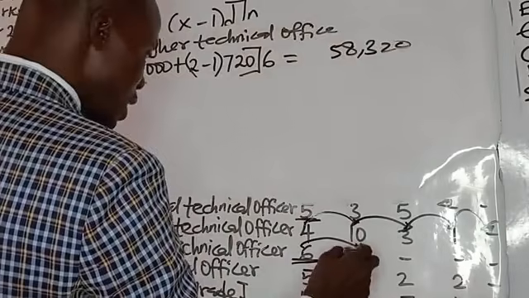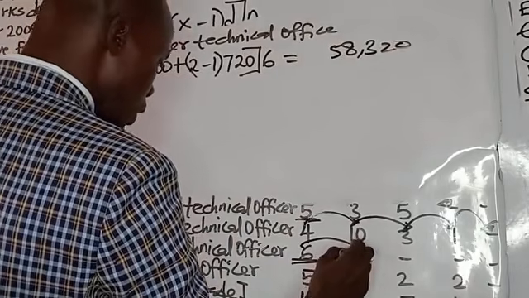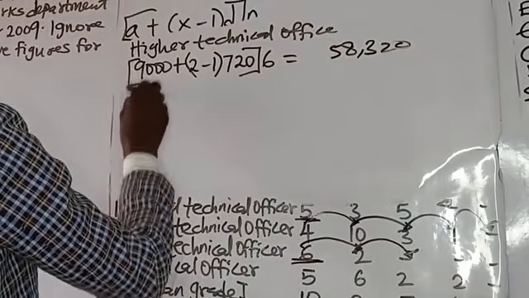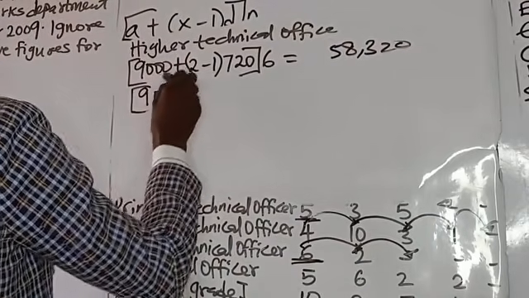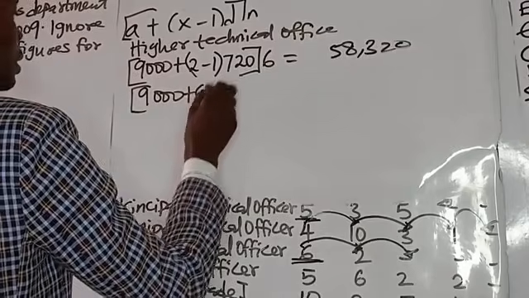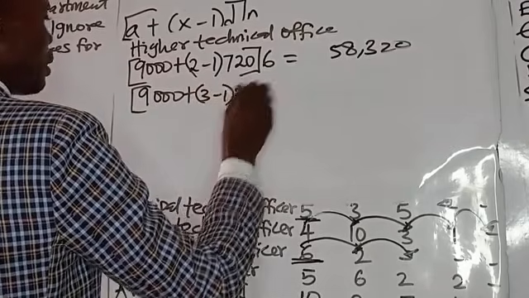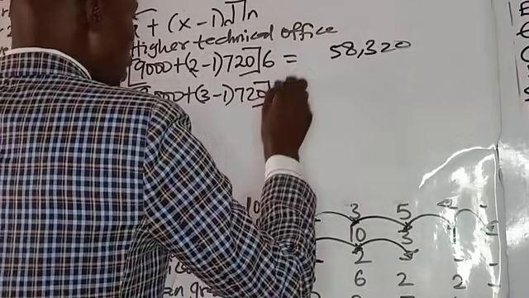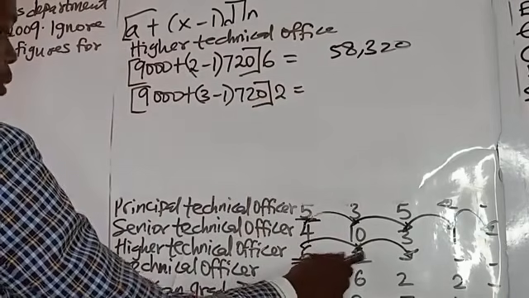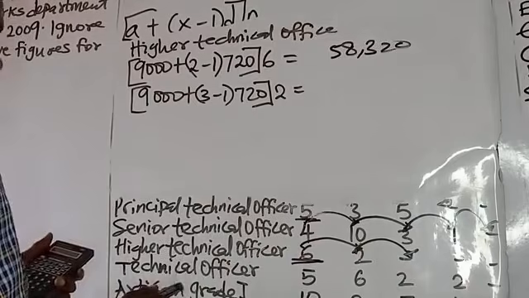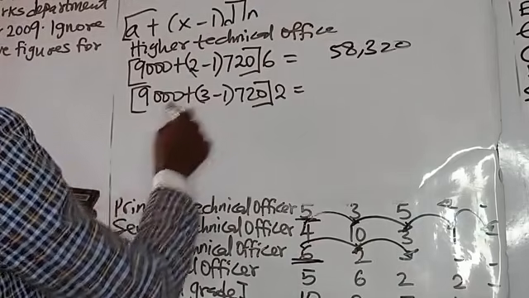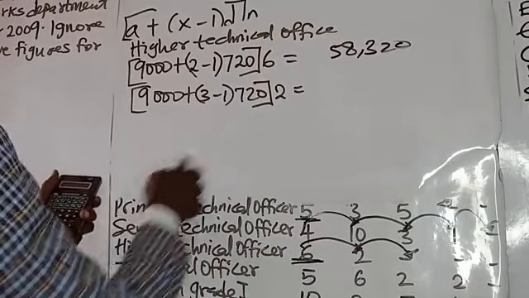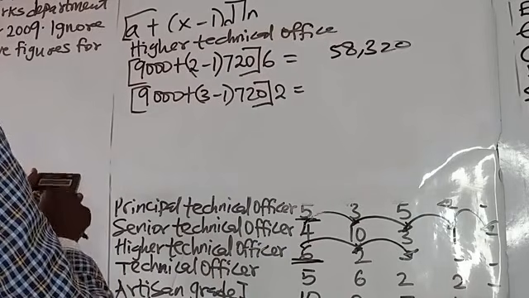2 were in step 2 before. They are now moving to step 3. So we have 9,000 plus step 3. Increment of 720. And for 2 employees who are now moving to step 3. So 3 minus 1, that is 2. 720 times 2 plus 9,000.